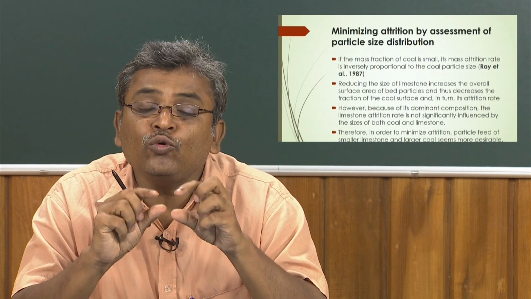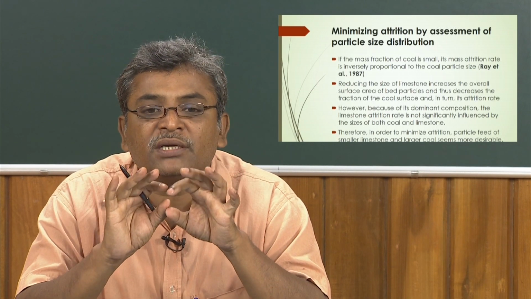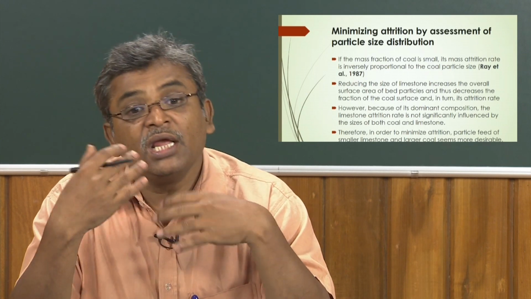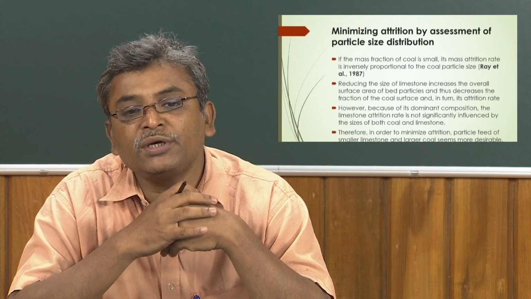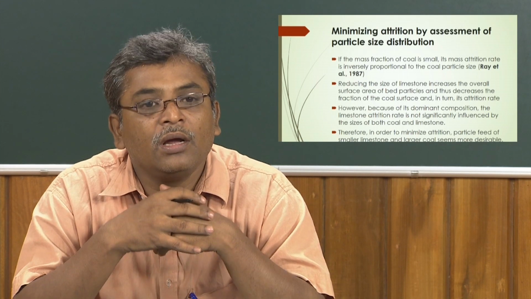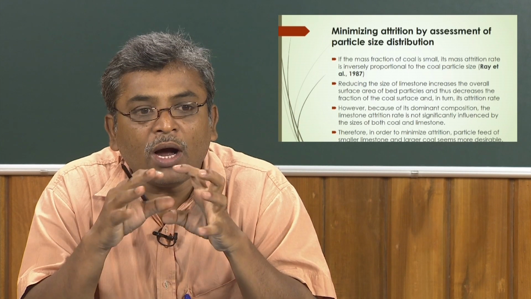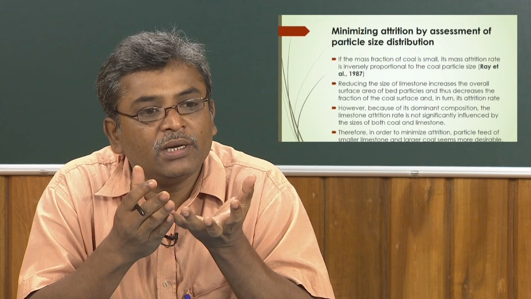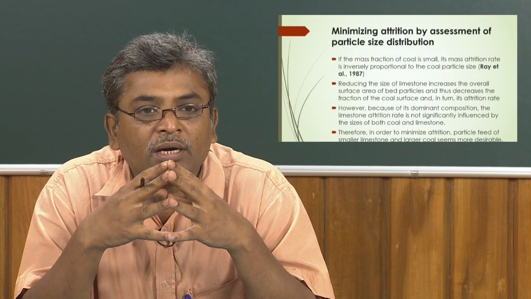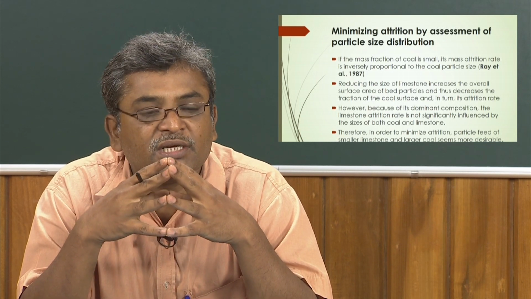So, you have to use the initial particle size up to a certain size level, so that there will be a minimum attrition rate. But again, if you do not use smaller particle size, then surface area will be less. For coarser particles surface area will be less, for finer particles surface area will be more. To get more reaction performance or mass transfer, you need more surface area.